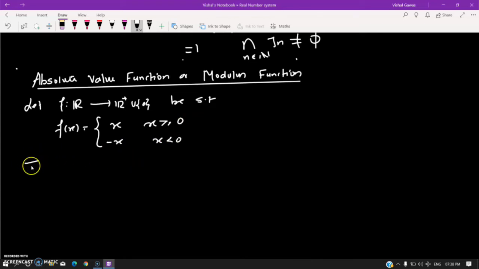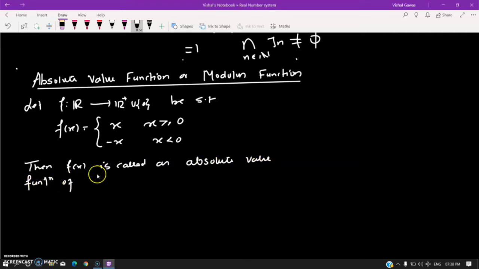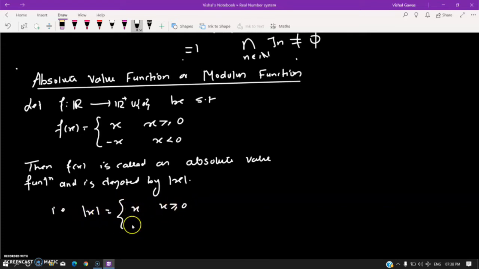Then f of x is called the absolute value function and is denoted by modulus of x. That is, modulus of x is nothing but x whenever x is positive, and negative of x whenever x is negative.